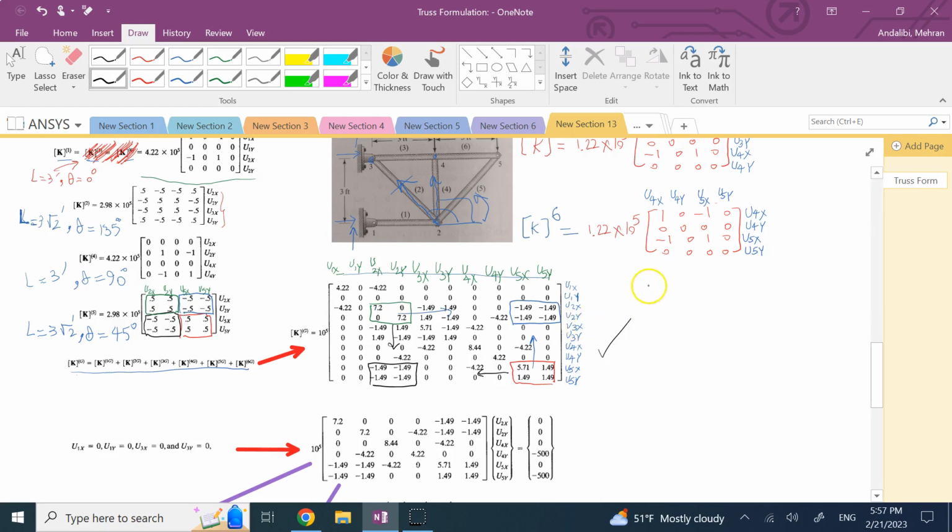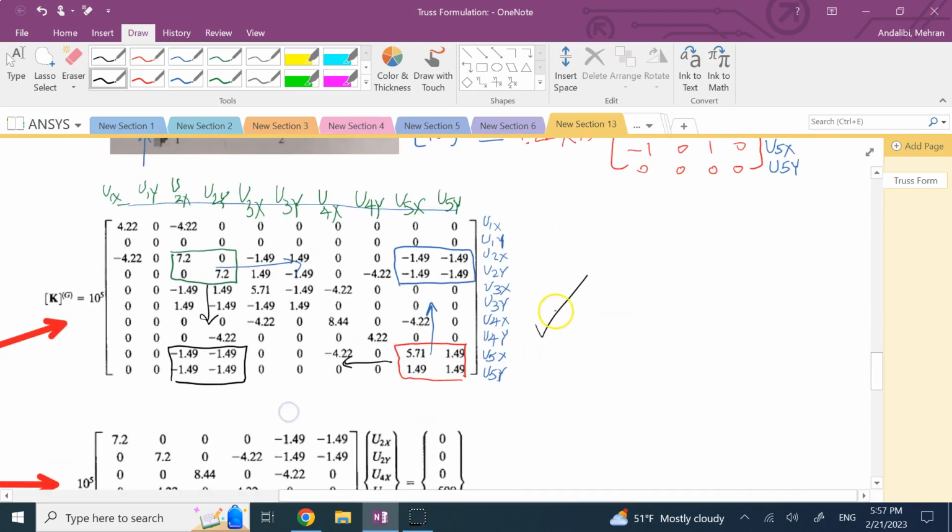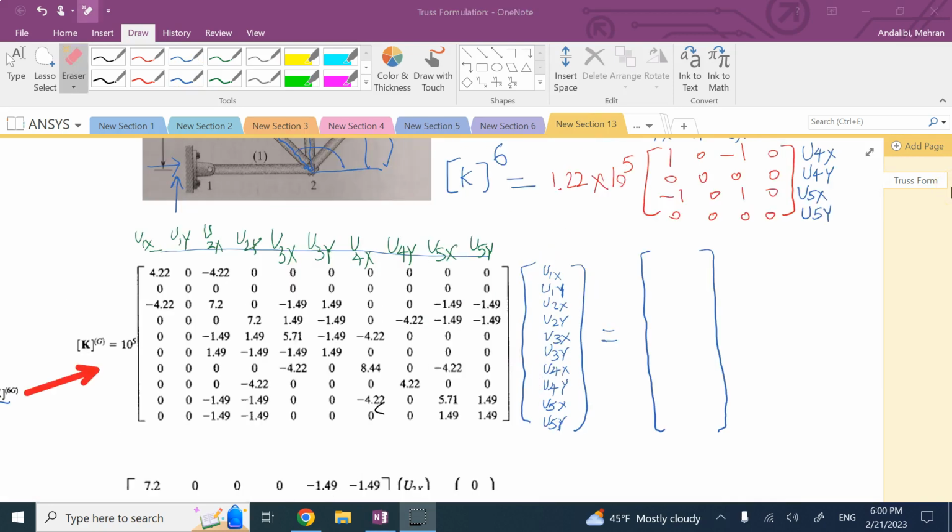Now this whole K times all of these unknowns is equal to what? Is equal to the forces, of course, right? So let me move this a little bit off. So that K times the unknown U equals this vector here, which are all of the external forces and the reactions.